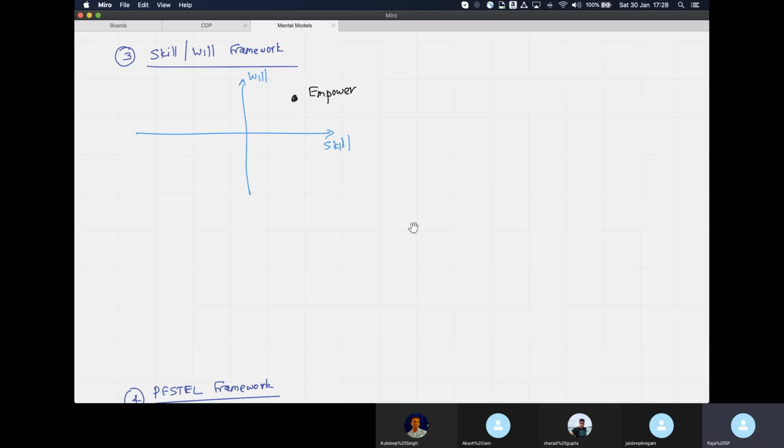Now, what about this? It's an exact opposite, where people don't have skills and they do not have great ambitions or work ethics also. So if the team is like this, this is where you go into micromanaging.